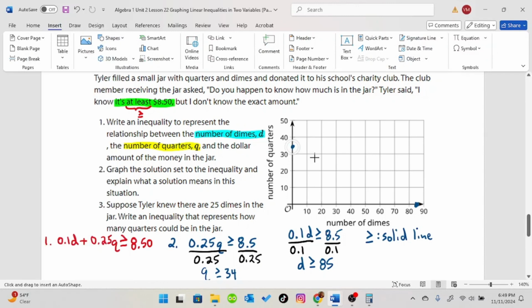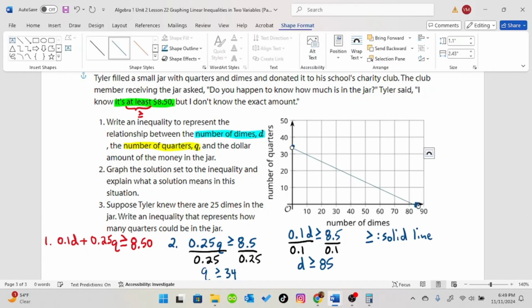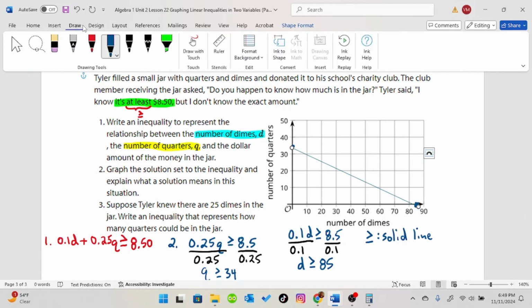So we draw the line that connects the two intercepts, and then we have to decide which side of the line is shaded. Because we know we want more than or equal to $8.50, if we tried 0 dimes and 0 quarters, we would have $0.